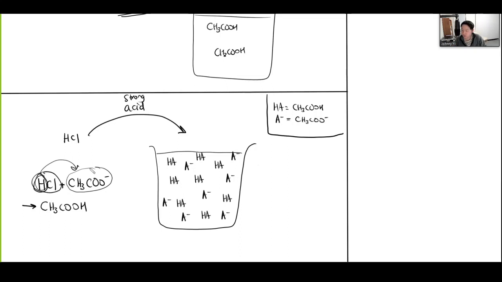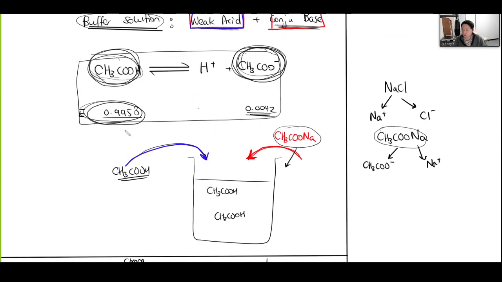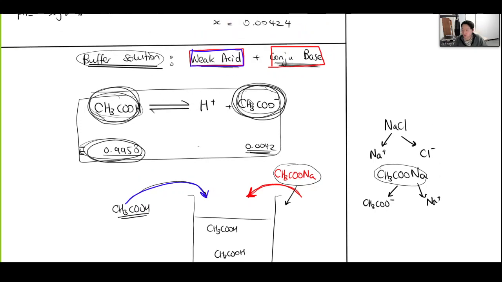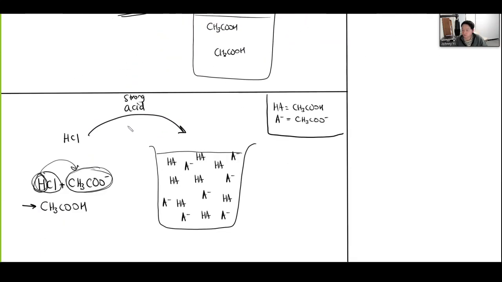But this conjugate base is a strong base, because it's created from a weak acid. Remember, a weak acid creates a strong conjugate base. Strong base means it's very good at attracting hydrogen.